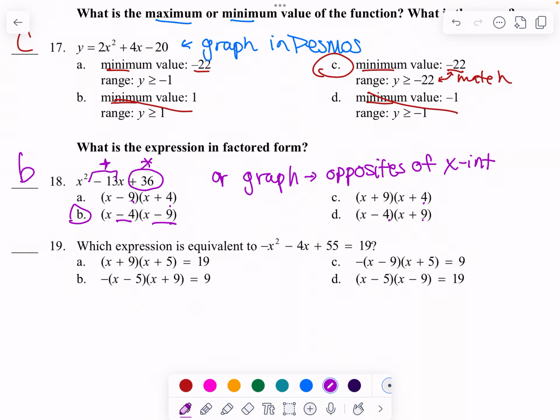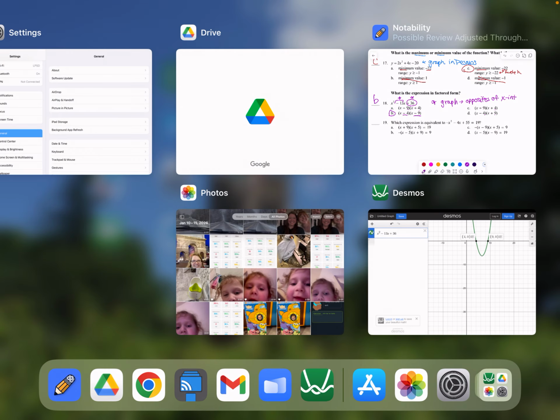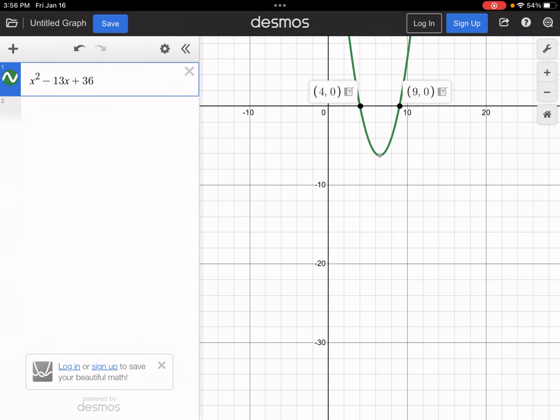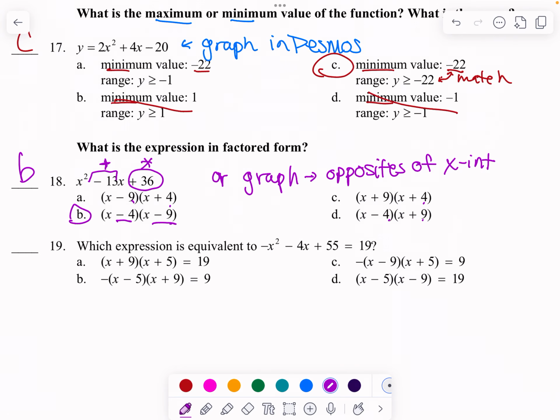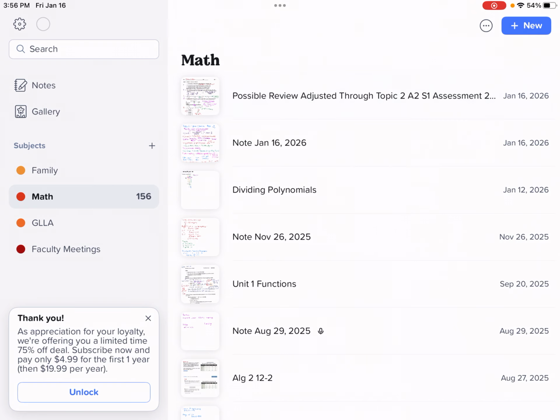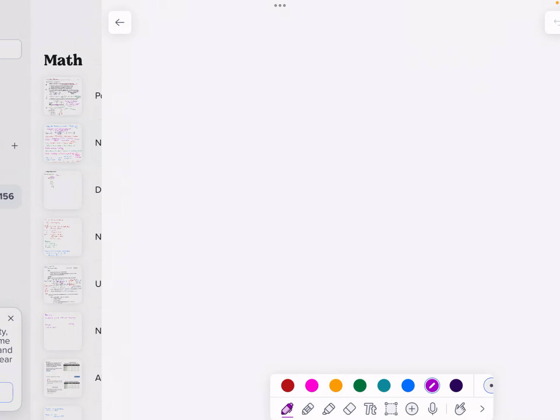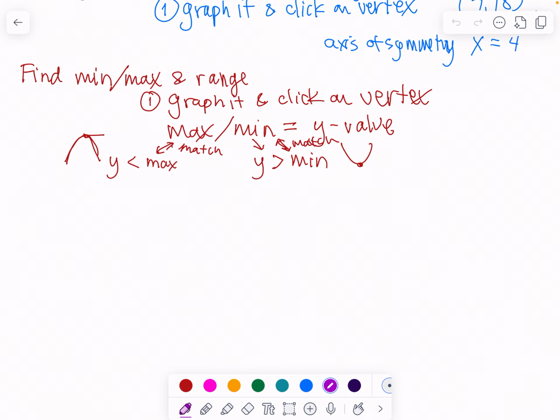Yeah, and I need to go back into our notes now to make notes on this. Find the factored form. This is the way that we talked about in class, is we graph it.